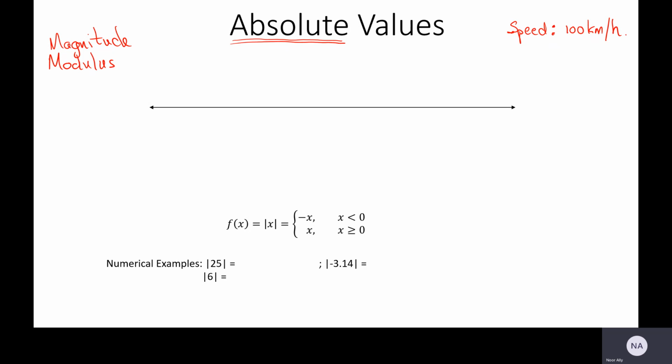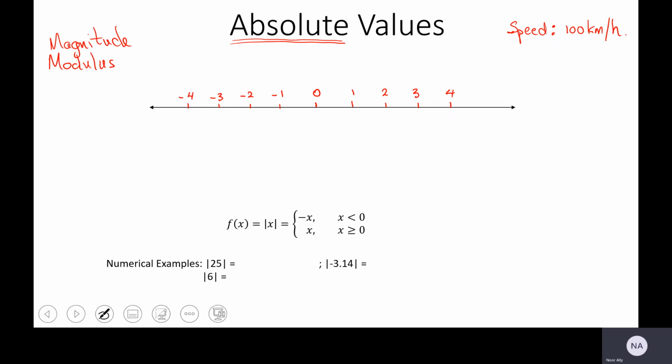So let's get down to how we would do this mathematically. Consider our number line here. Right, so there is our 0. To the right, we've got positive values, 1, 2, 3, 4, to infinity. To the left, we have our negative values, -1, -2, -3, -4.